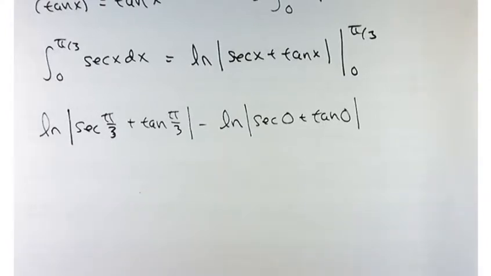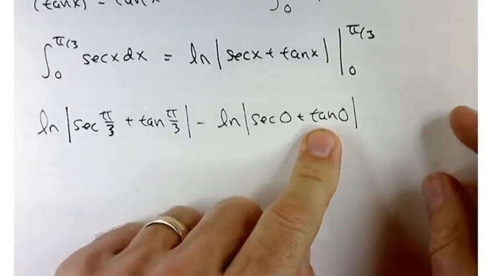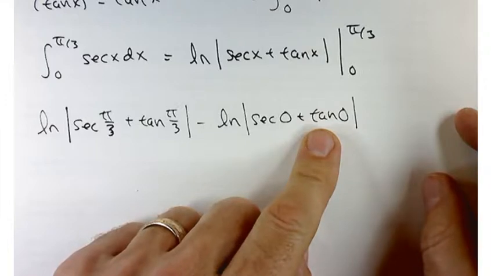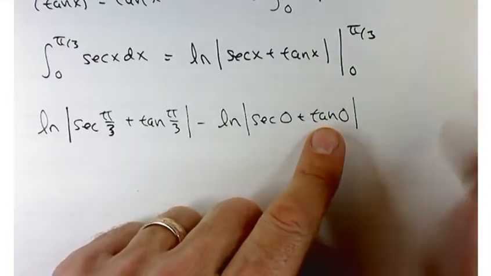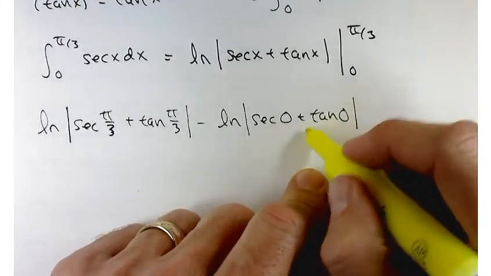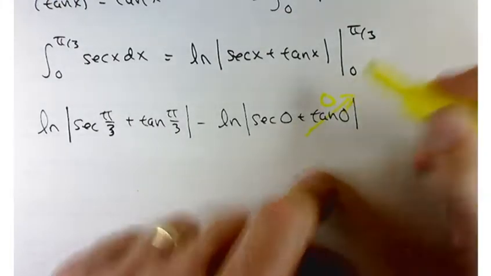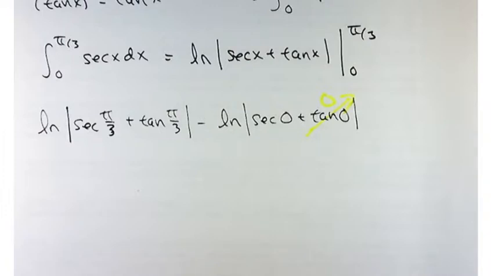Now, at least with the second of these, we're going to get some nice simplification. What's the tangent of 0? 0. What's the secant of 0?